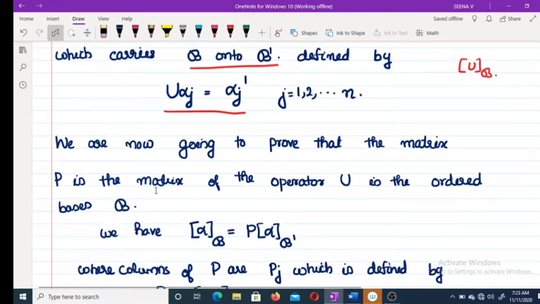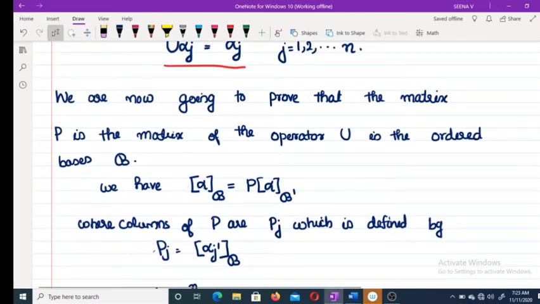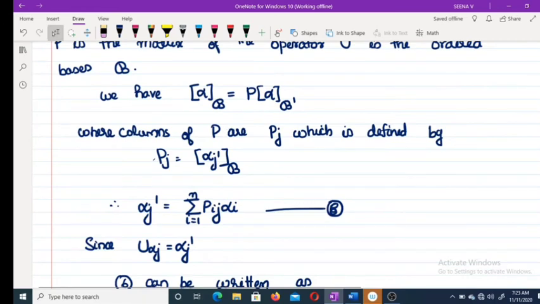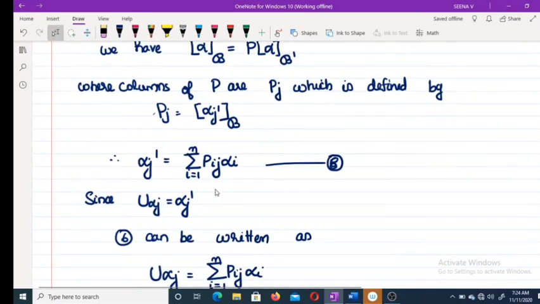Now we are going to prove the matrix P is the matrix of the operator U in the ordered basis B. So we have the coordinate matrix of alpha related to B equal to P into the matrix of alpha related to B dash, where the columns of P are given by Pj, and Pj equal to alpha j dash related to B. Okay. So in that case, we have defined alpha j dash like this.